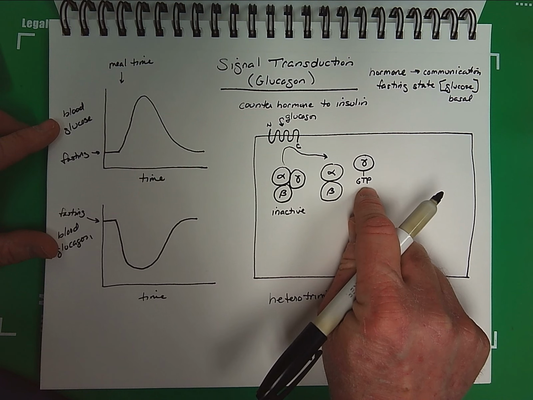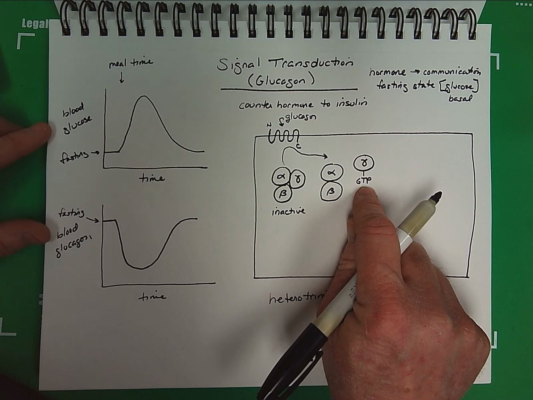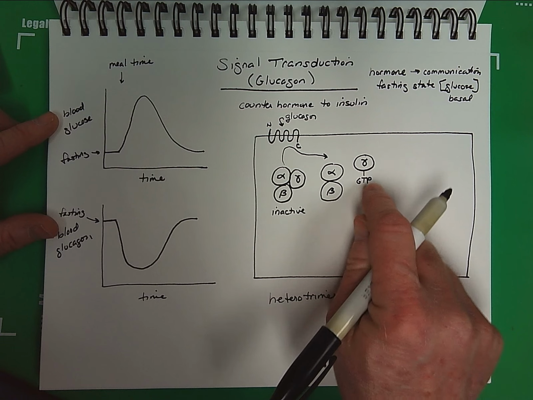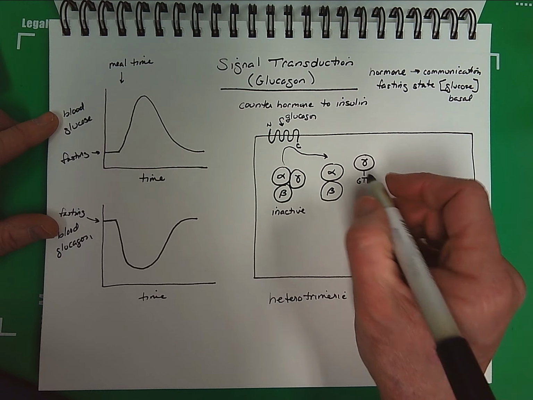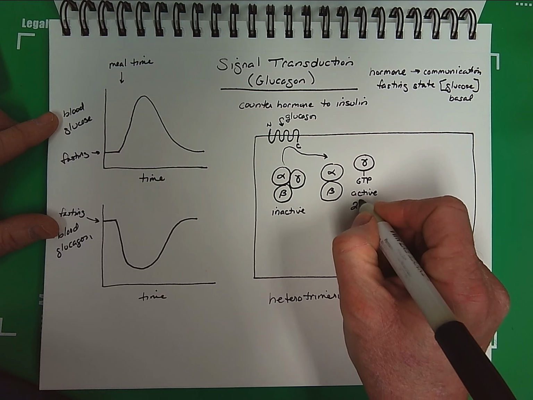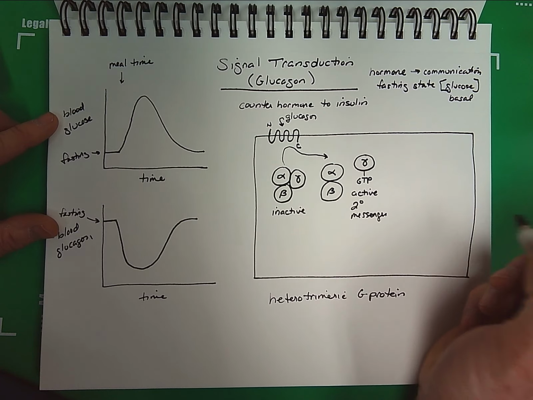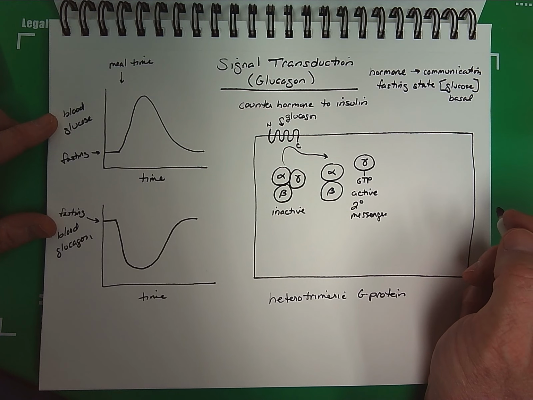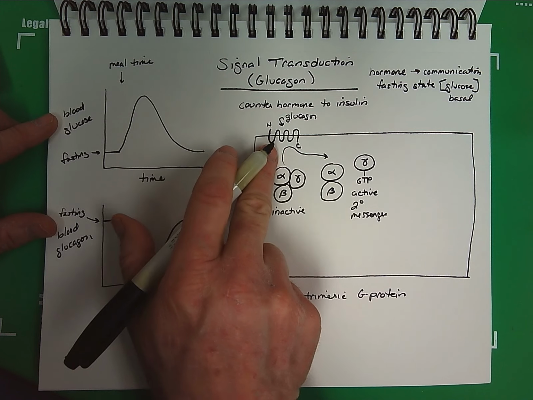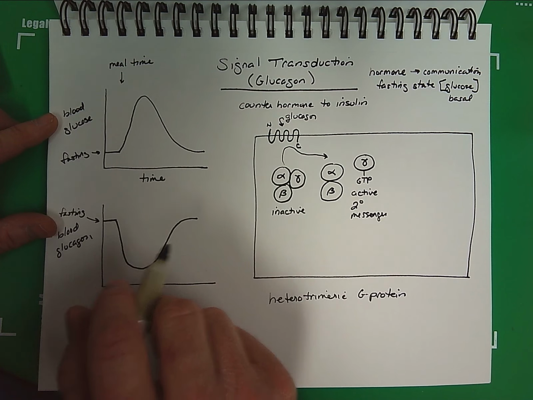GTP is an energy storage molecule also, but it also carries information like a second messenger. So the gamma form bound with GTP is now the active second messenger. So much in analogy with IRS1 and insulin receptor, we now have an active second messenger.